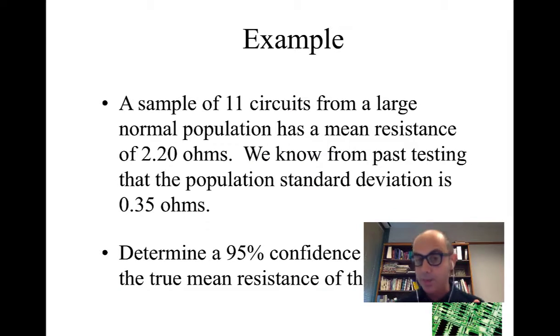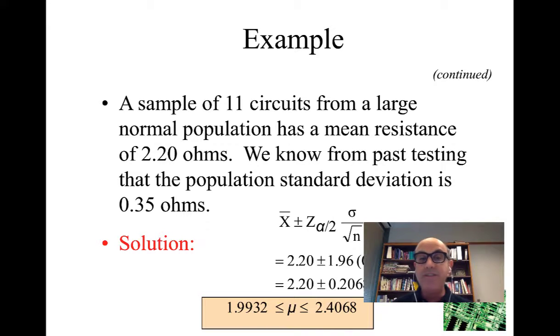An example. A sample of 11 circuits from a large normal population has a mean resistance of 2.2. Okay, so we know from past testing that the population standard deviation is 0.35. To determine a 95% confidence interval for the true mean resistance of the population, we will do the following.